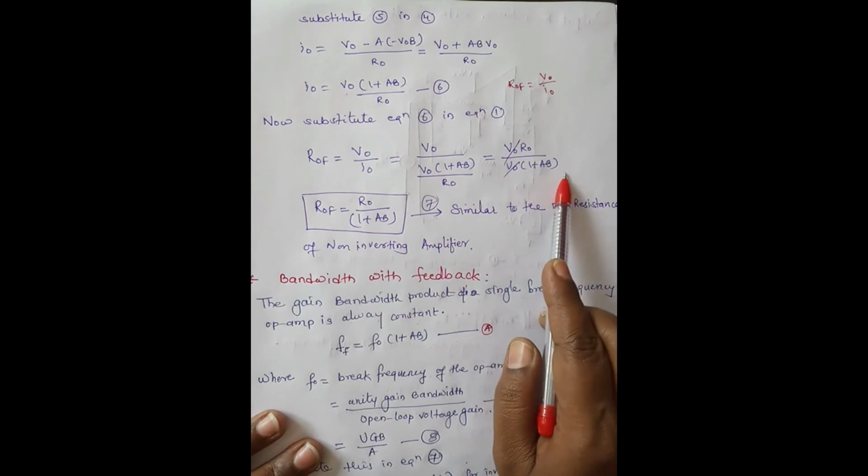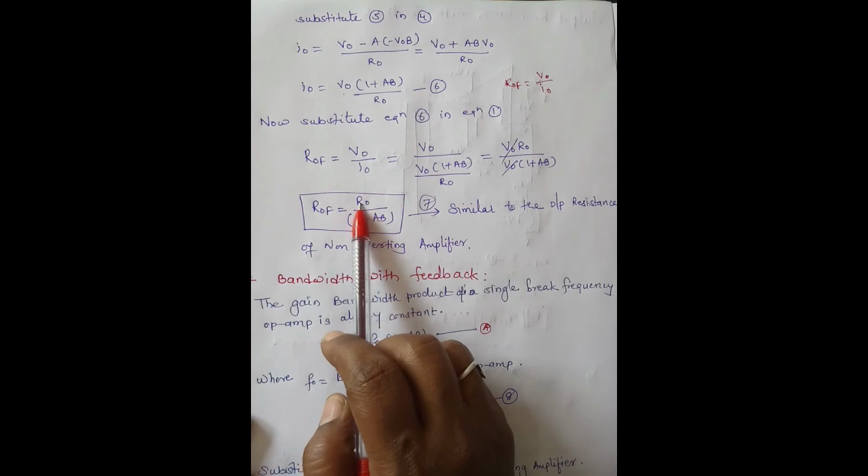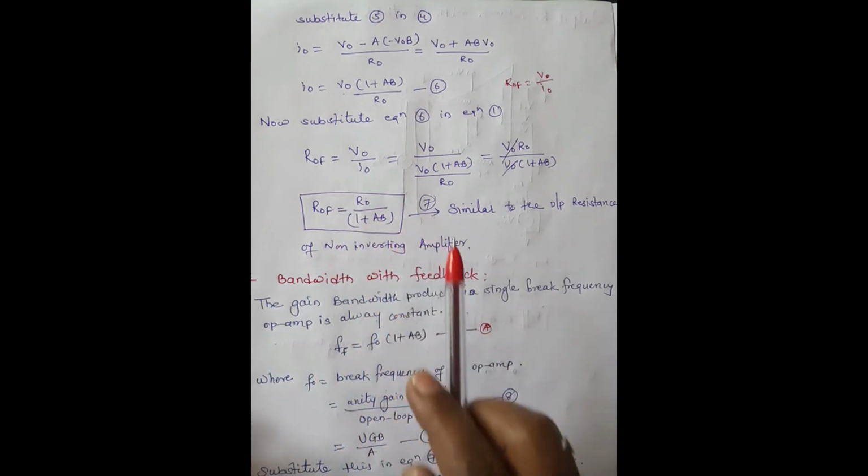What is remaining is 1 plus AB. Output resistance with feedback is equal to R0 by 1 plus AB. This is the required output resistance of the inverting amplifier with feedback, which is similar to the output resistance of the non-inverting amplifier, having the same value, reduced by a factor of 1 plus AB.